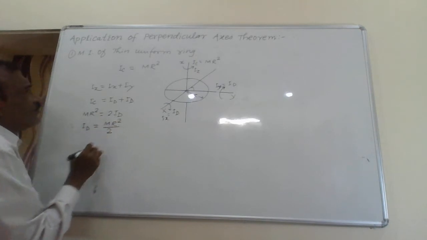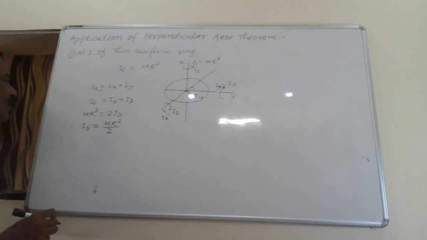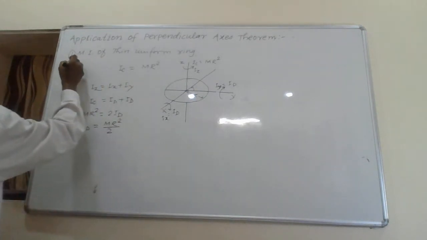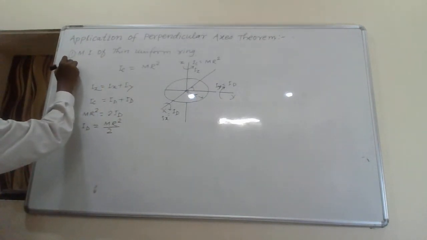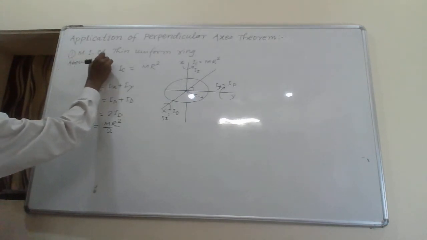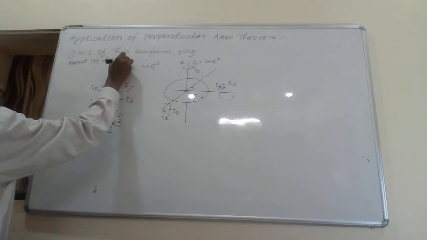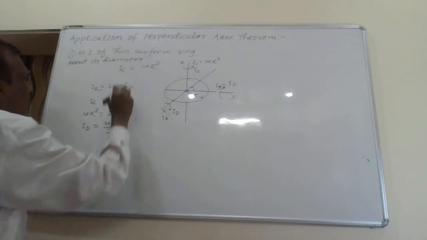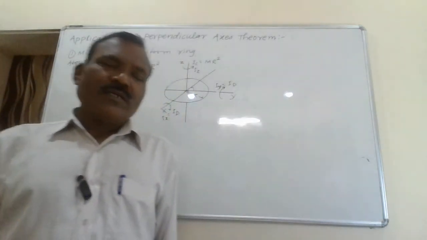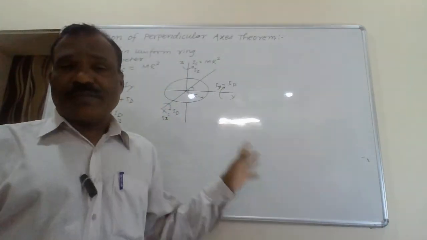This is our moment of inertia of a thin ring about its diameter, obtained by using the perpendicular axis theorem.